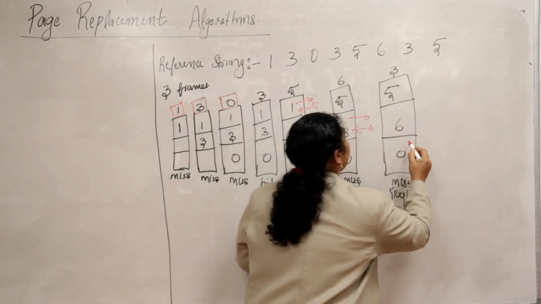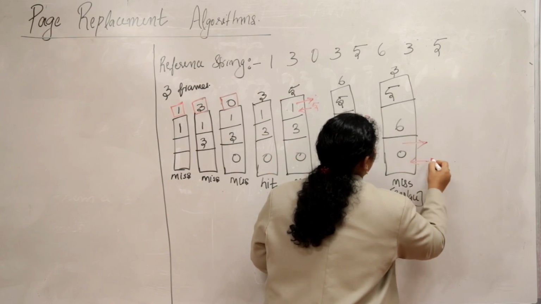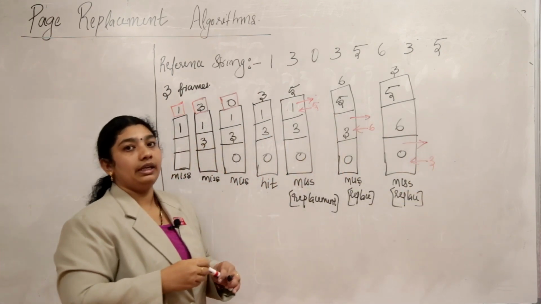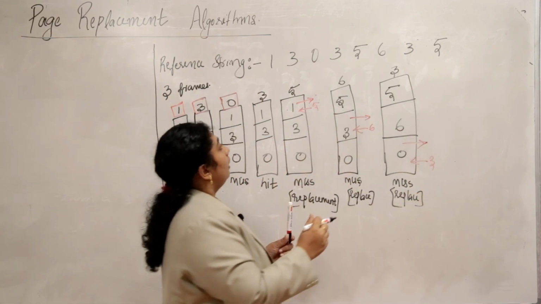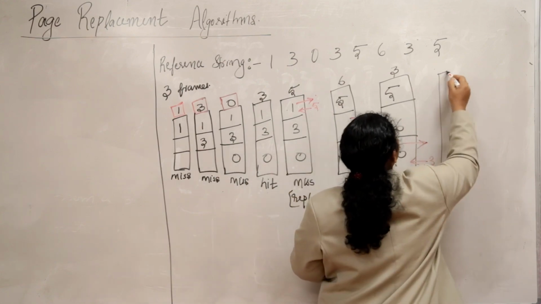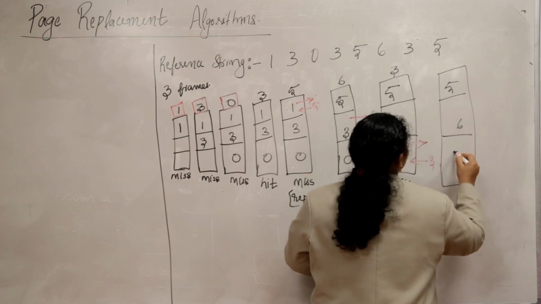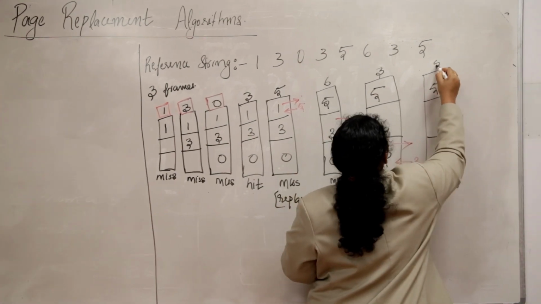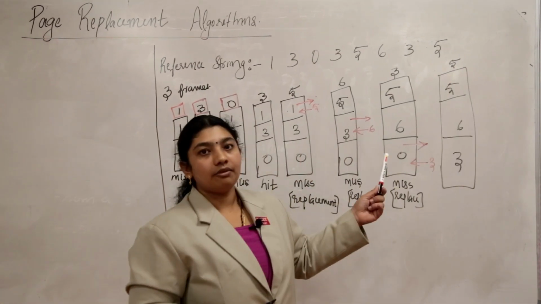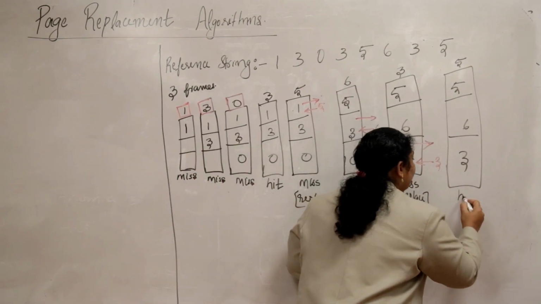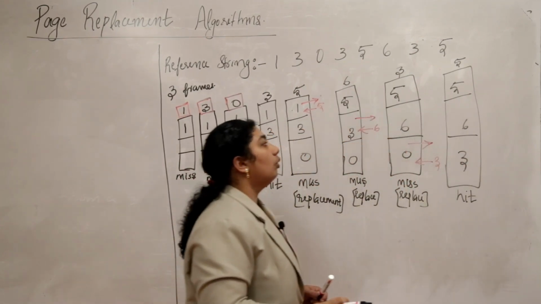So 0 will be swapped out and 3 will be swapped in. Again the physical memory will have 5, 6 and 3. Next request is for 5. 5 is already present in the physical memory, so it is a page hit and we need not do anything.